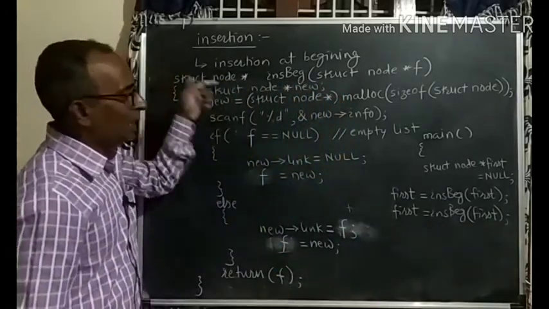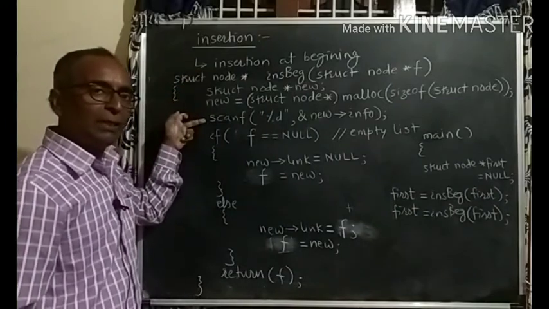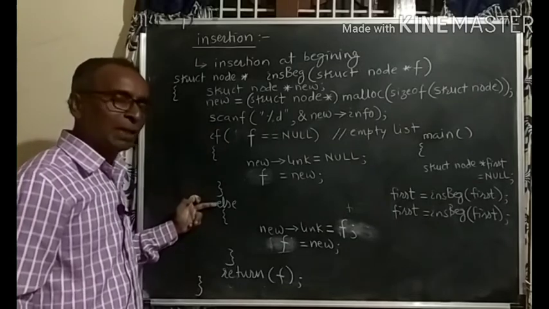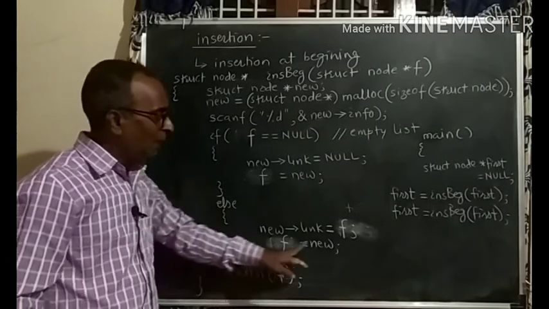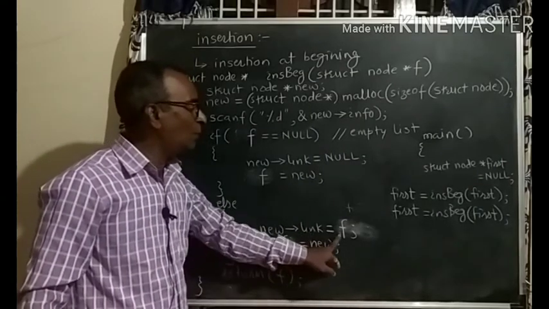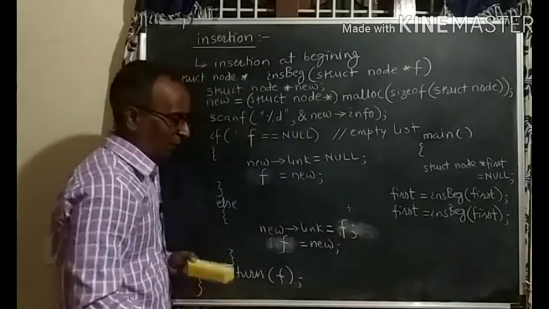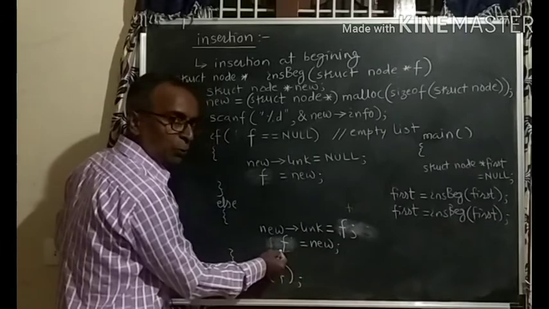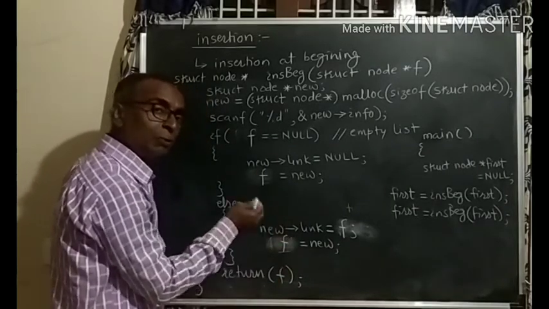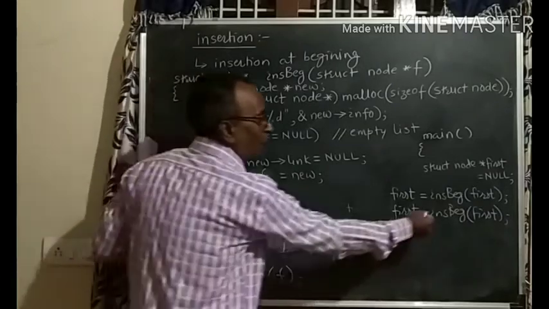So when insert beginning is called again, a new node is created, new's field is set. Now this condition is false, so it will go to the else part. Then it will set the pointer. New's link will be given f, because whatever node's address you have, new is given to f. F has been changed here because we are always inserting at the beginning, so first will be changed. First is changed, so that you are returning, and that will be set here.